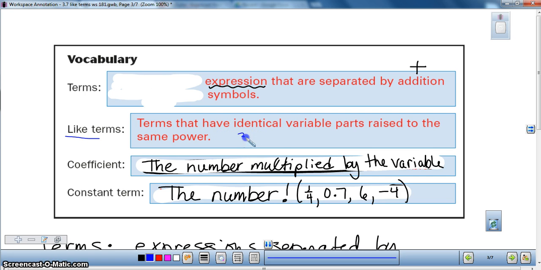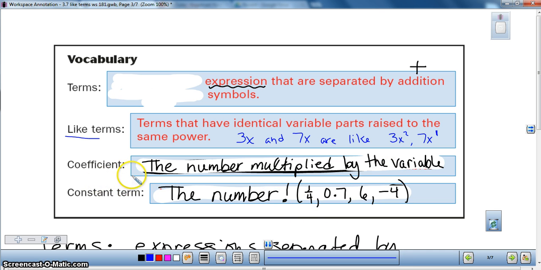So 3x and 7x are like terms, whereas in the last example I gave you 3x squared and 7x. These two are not like. Here x is to the second, and we usually don't ever put a 1 in, but it's understood in our heads that that is a first power.